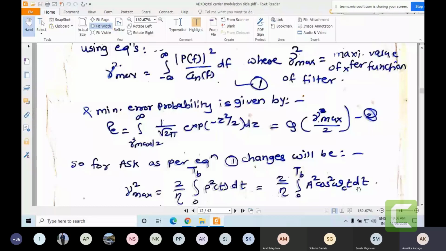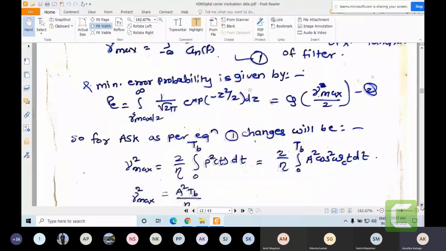But from minus infinity to plus infinity, in between that, only at 2 instances of frequency, this signal magnitude is A square cos square omega ct, and that will appear at the frequency of f plus fc and f minus fc. So this A square cos square omega ct is multiplied with this 2 value. This is how the gamma square max value has been obtained.